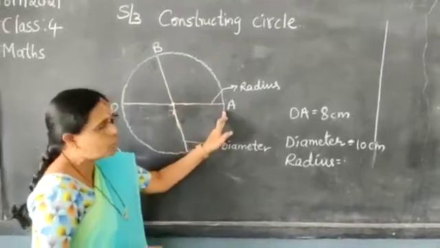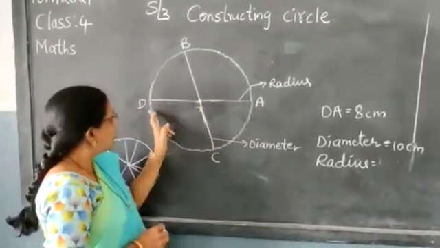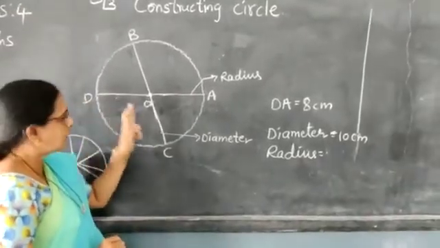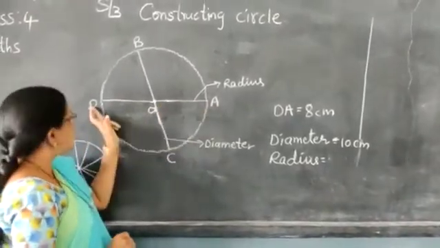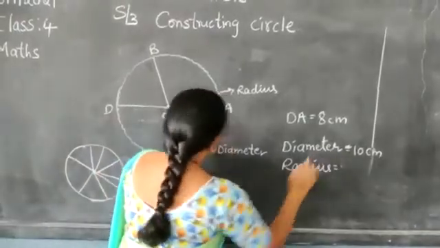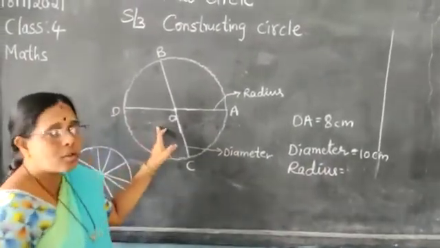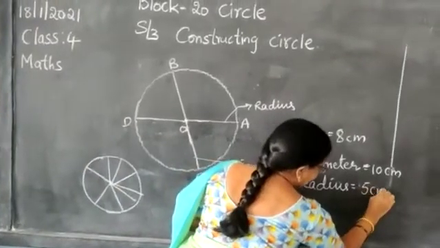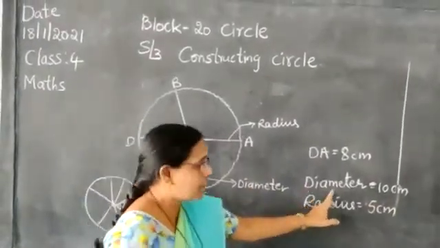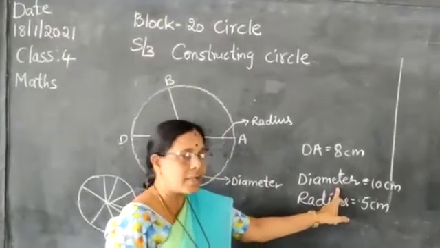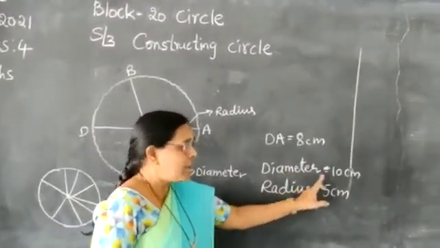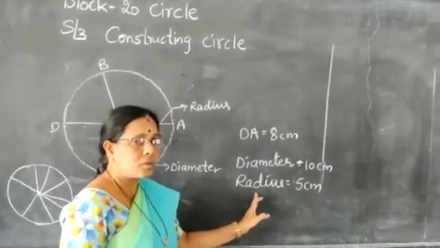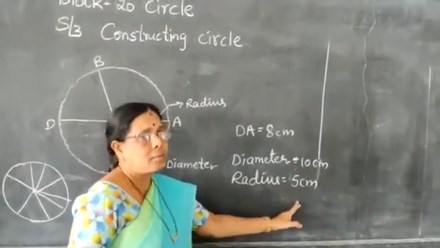DA is equal to 10 centimeter, which means how much is the radius? Here OD is the radius and OA is the radius. Then how much is the radius, children? The radius is 5 centimeter. How? The diameter is 2 times the radius. That means here the diameter is 10 centimeter, so half of it is the radius. So the radius is 5 centimeter. Okay.